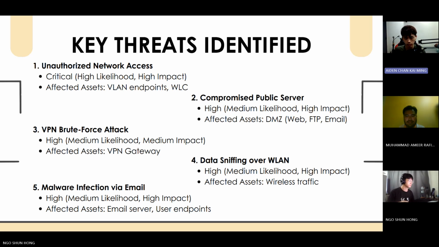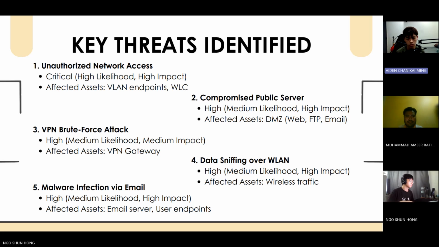And the next one will be VPN brute force attack. Attackers might try to guess VPN credentials repeatedly to gain unauthorized remote access, which could lead to denial of service or unauthorized entry. This is also a high risk threat. And then the next one will be data sniffing over VLAN. This threat basically involves intercepting unencrypted or weakly encrypted data transmitted over our wireless network, leading to information disclosure.